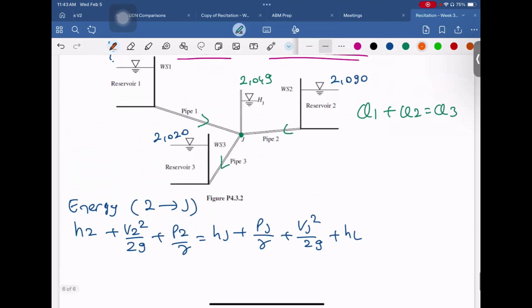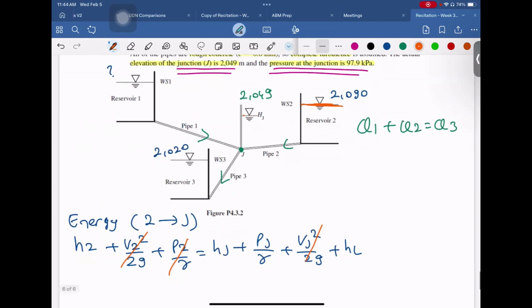And here we will not have velocity at the surface, so it is 0, and also the pressure is 0. And also we don't have velocity at the surface because it is large. It's like a large tank and there's no movement.